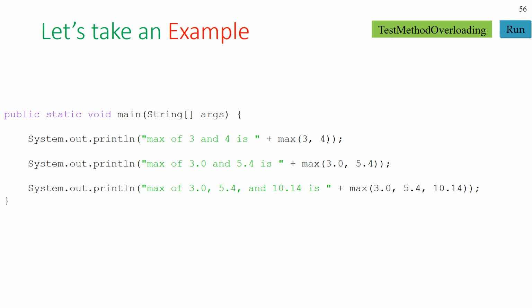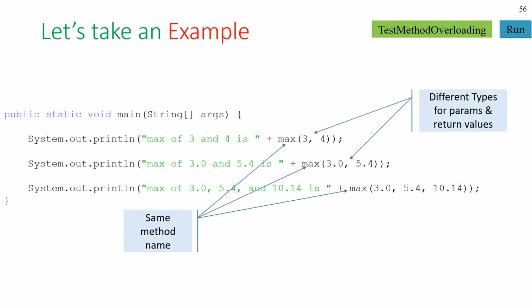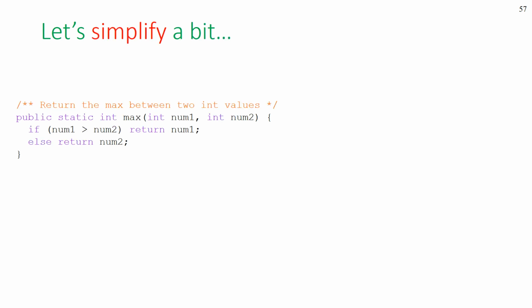The signature is the name of the method plus the list of arguments and their types. Well, the names are always max, but the signatures are different. Okay? All right, so this is acceptable in Java. How is it going to look when we implement it? Public static int max num1 num2.